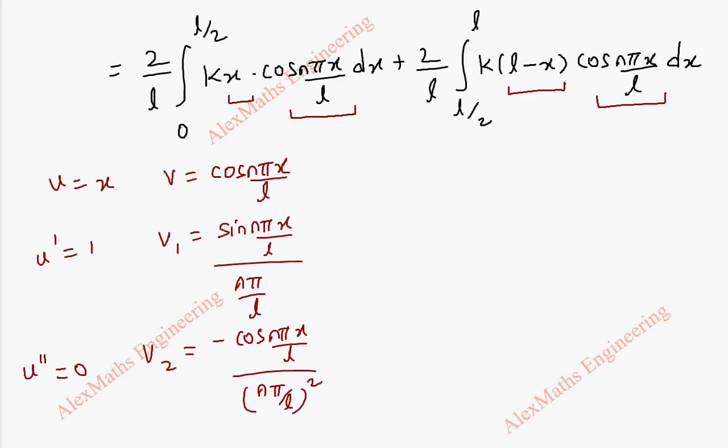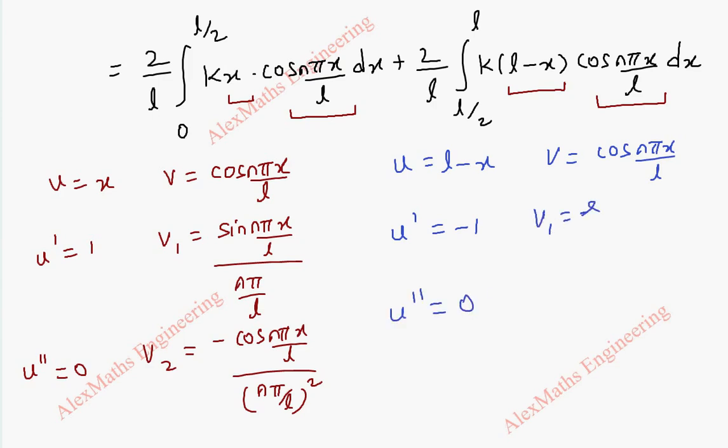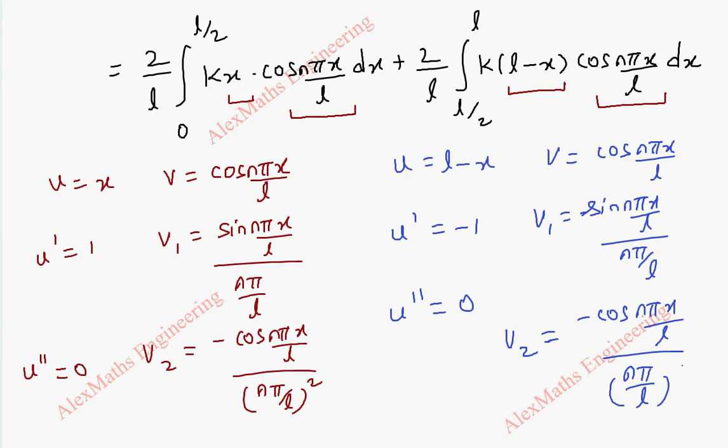In the same way, coming to the second part, u is L minus x and v is cos n pi x by L. So u dash will be minus 1, u double dash will be 0, and v1 will be sin n pi x by L by n pi by L, and v2 will be minus cos n pi x by L by n pi by L whole square.